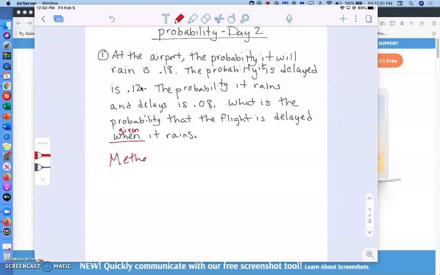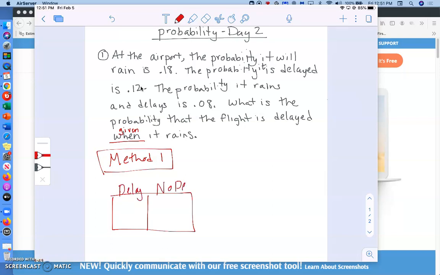Method one would be to create one of those two-way tables. We looked at these the other day. So we could say delay, no delay, and then we could divide it this way into rain, no rain.